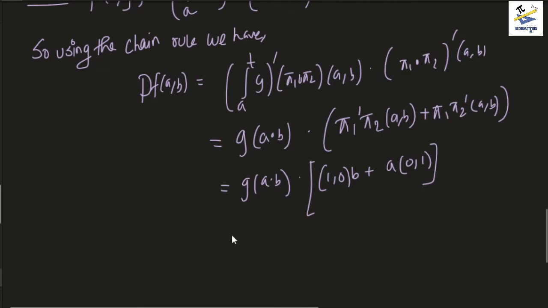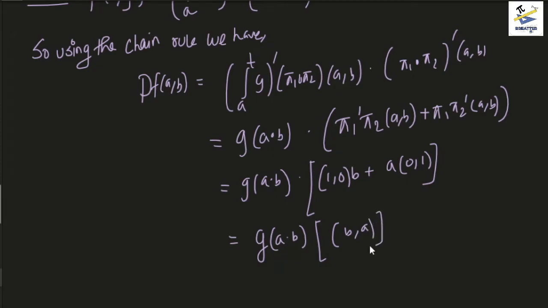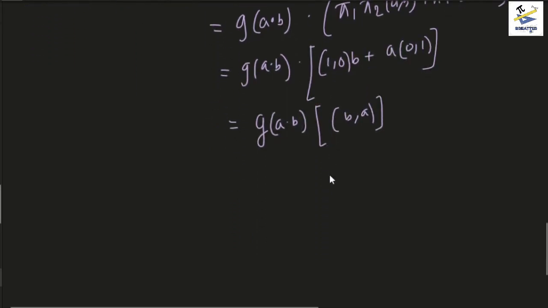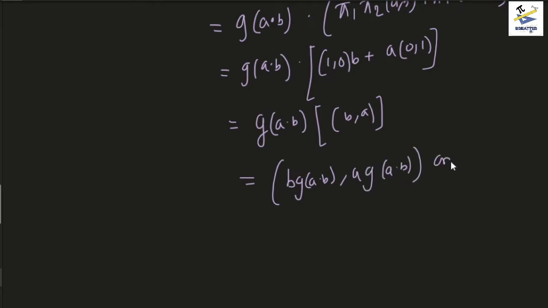Therefore, this gives you (b, a), and therefore what you can write here is (b·g of a·b, a·g of a·b), which is our required answer for that derivative.